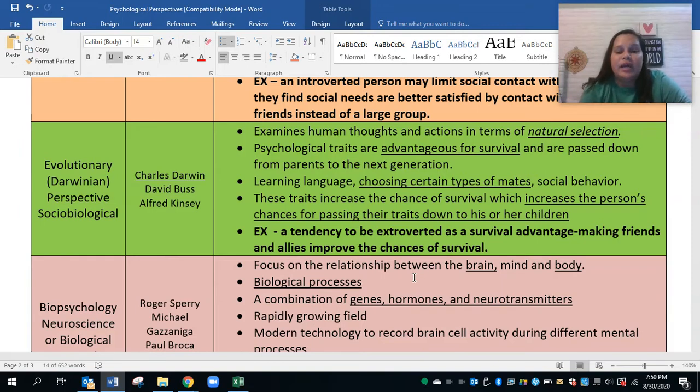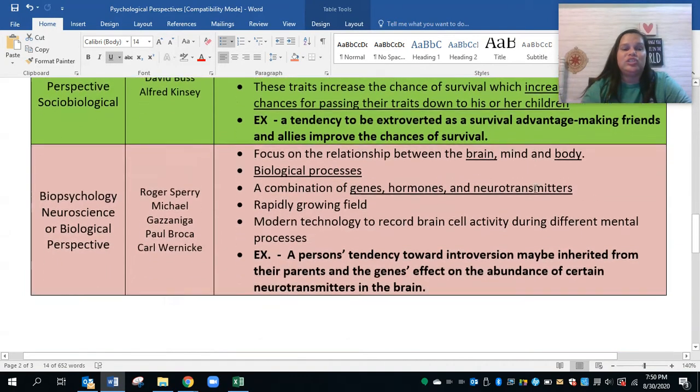So your tendency to be extroverted is a survival advantage; making friends and allies improves the chances of survival. This one would actually say that introversion is not necessarily a good behavior, that it's better to be extroverted, because then you have more people to work with you and you have better chances of meeting somebody to get your genes into that next generation.